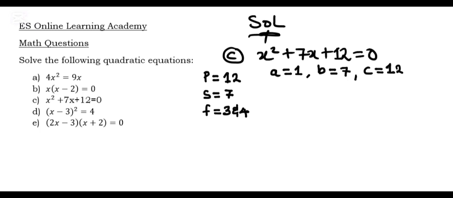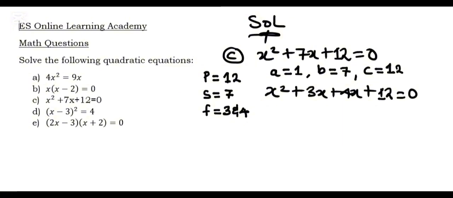So this is going to be written as follows: x squared plus 3x plus 4x plus 12 is equal to 0. So we've expressed the sum, which is b, 7, in terms of these two numbers that we got, 3 and 4, and when we add them, 3x plus 4x, that gives us 7x.